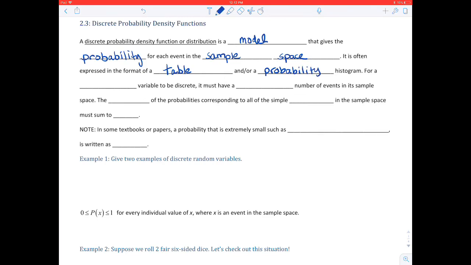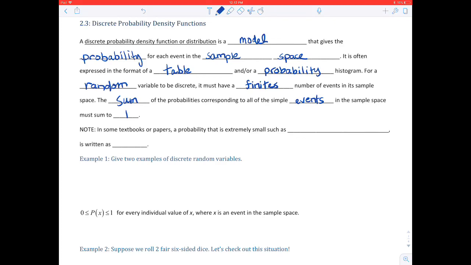For a random variable to be discrete, it must have a finite number of events that can happen in its sample space. The sum of the probabilities corresponding to all of the simple events in the sample space must sum to 1. Very good.